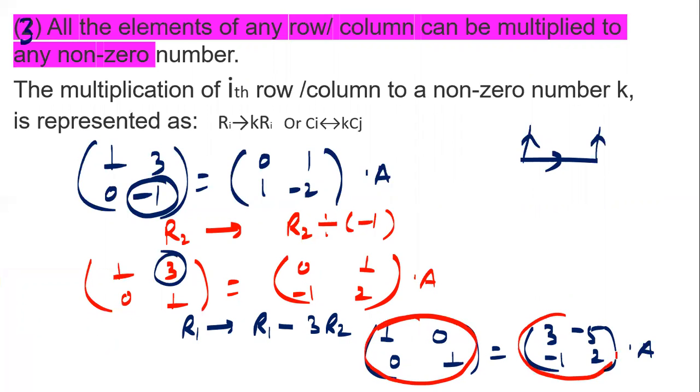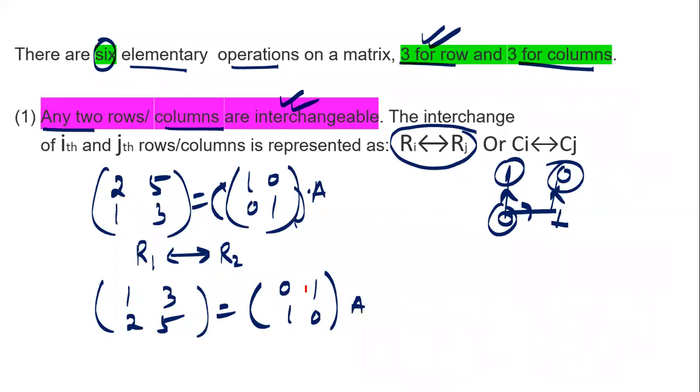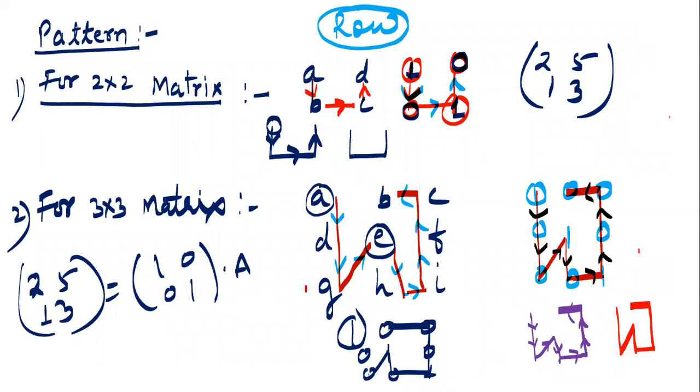So here we have I equals A inverse into A. So this is A inverse. These are the transformations, and this is the pattern which we will follow.